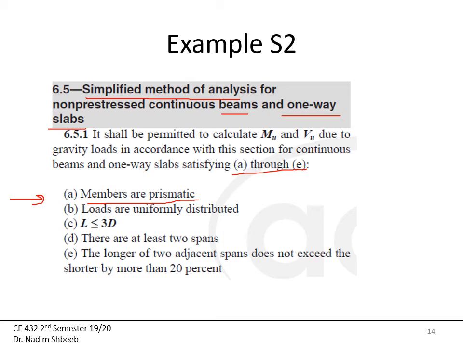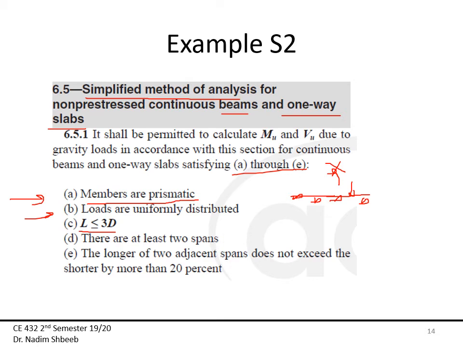Number two, or B, loads are uniformly distributed, which means if I have a concentrated load, you cannot use it. So if I have, let's say, something like this, one concentrated load, then this simplified method is no more. C, the live load is less than or equal to 3 times the dead load.